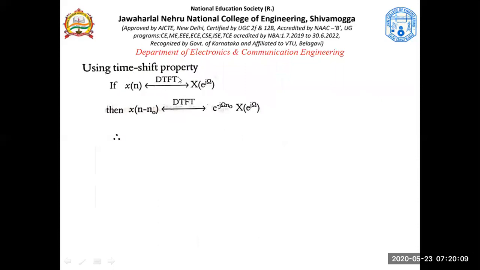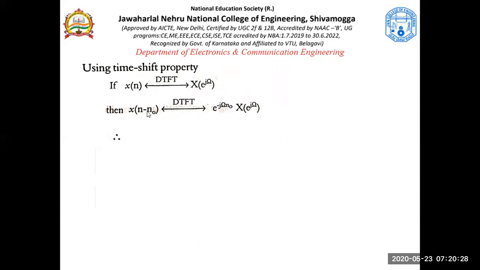See, using the time shift property, this is true. If you have x of n, the DTFT of that looks like x of e power j omega. If you have shifted x of n, that shift is reflected in the frequency domain with the use of this exponential.